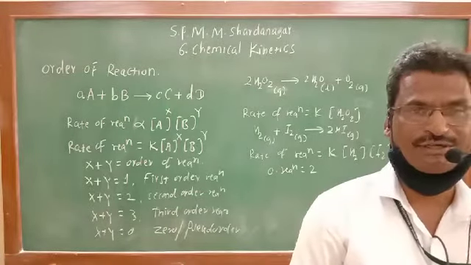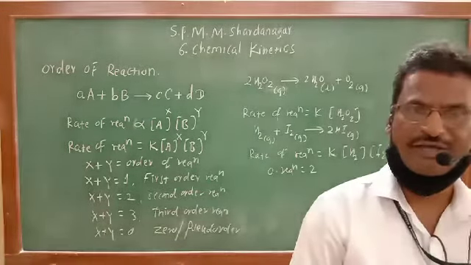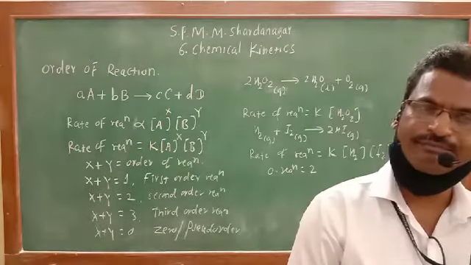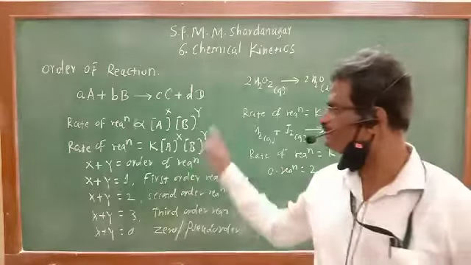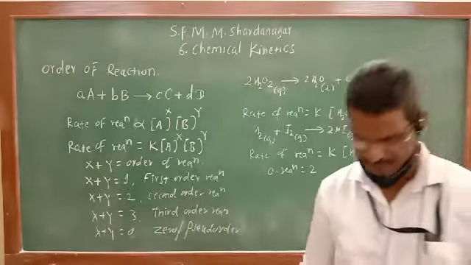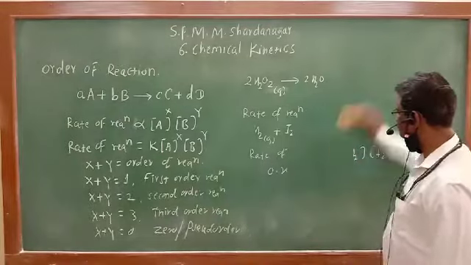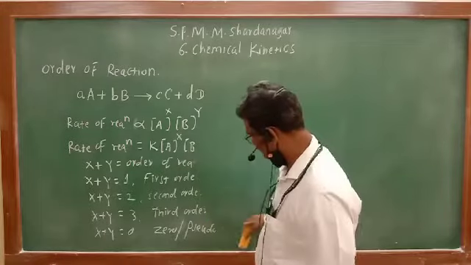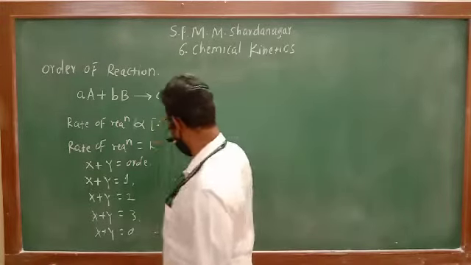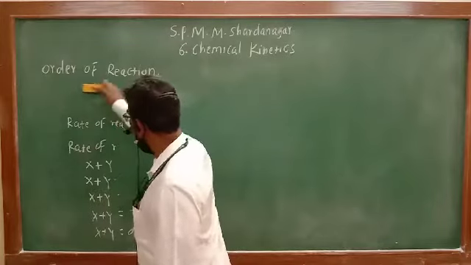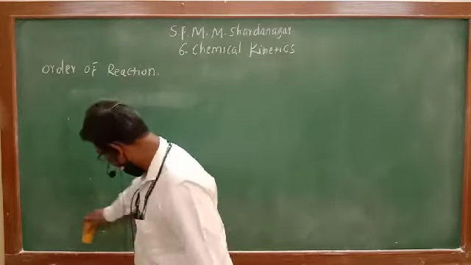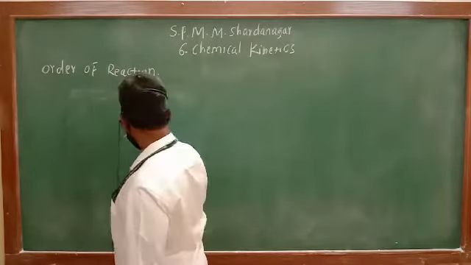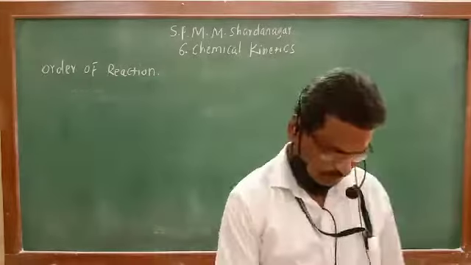Now there are some key points, important points or characteristics of order of reaction. As order of reaction is an experimental quantity, it has certain properties. Let us see them one by one with reference to examples.